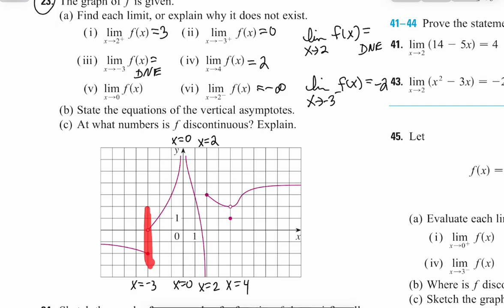So there's a jump here. That's your x equals -3. There's an asymptote here, a weird disconnect there, and there's a disconnect there. So there are 4 spots in the graph that are messed up. So these are the discontinuities in the graph.